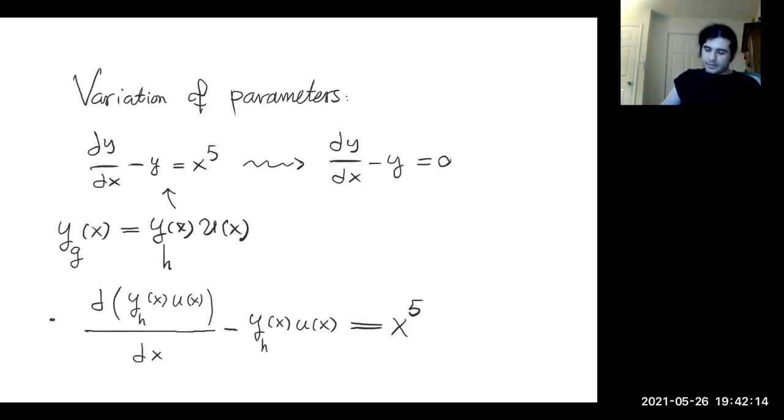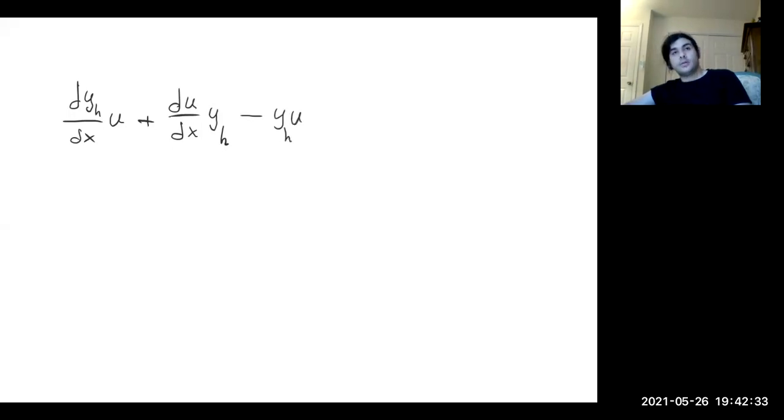So what is the derivative? Well, the derivative is just the derivative of y_h with respect to x times u, plus the derivative of u with respect to x times y_h, minus y_h u equals x to the 5.